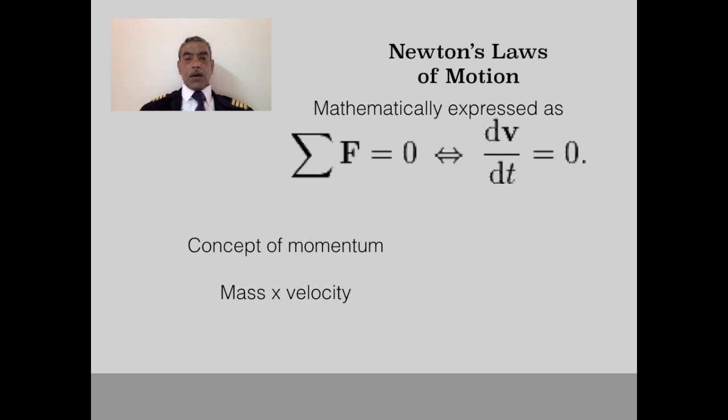This brings us to the concept of momentum, which is possessed by the body. If a mass is traveling at a particular velocity, then the momentum is defined as the product of mass and velocity.